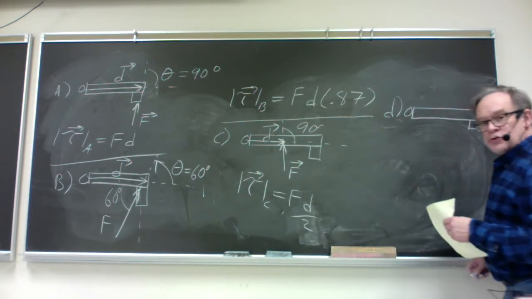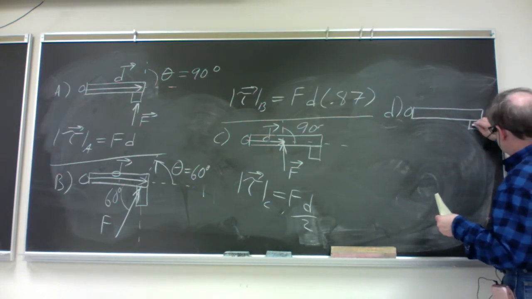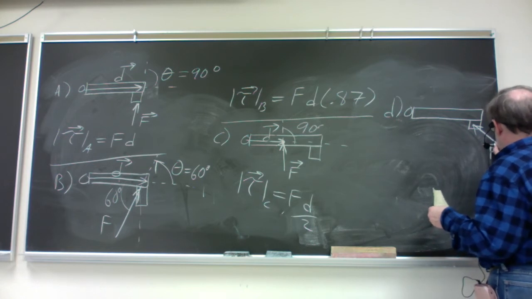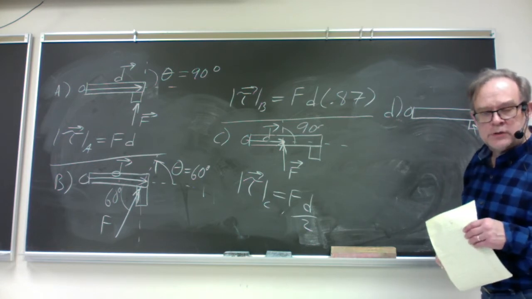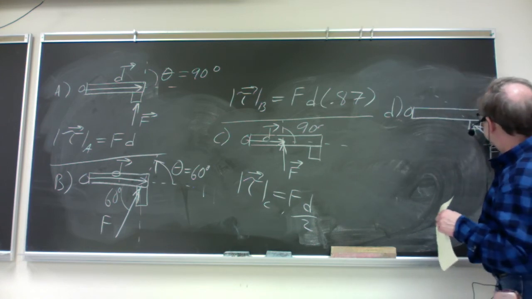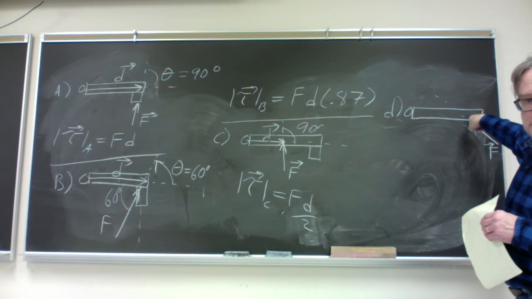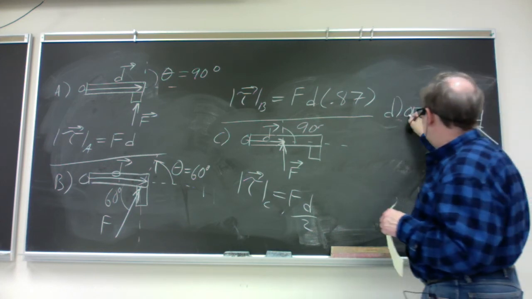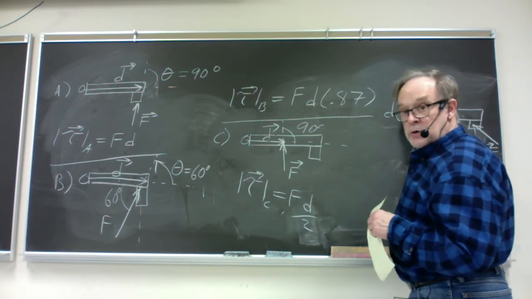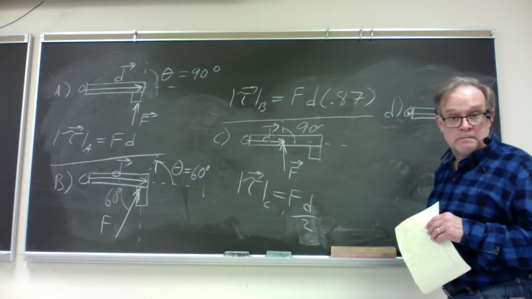So here's the direction of the force this time. Same magnitude for the force, but now in a different direction. And I'm pushing on the doorknob just as before, so the displacement takes me from my reference point to the doorknob, just like before.